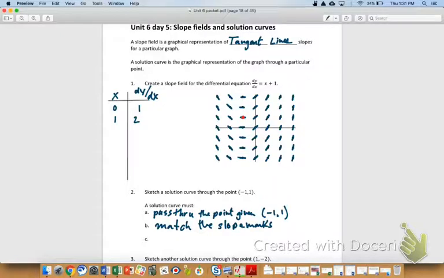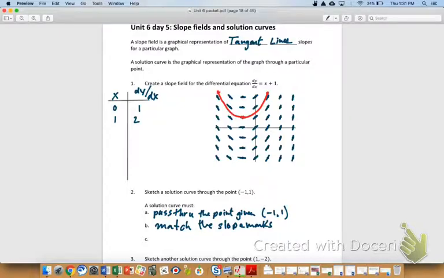But if I were to take this solution curve and do something like this, isn't that a lot more closely aligned with the slope field marks? And then maybe I would do the same thing over here. Not quite as good.